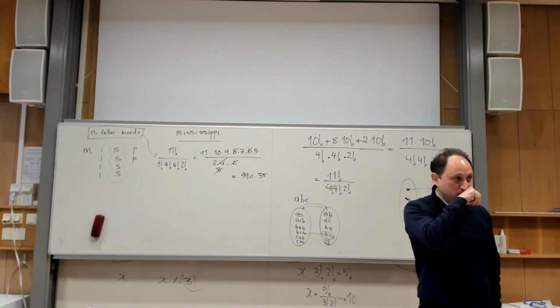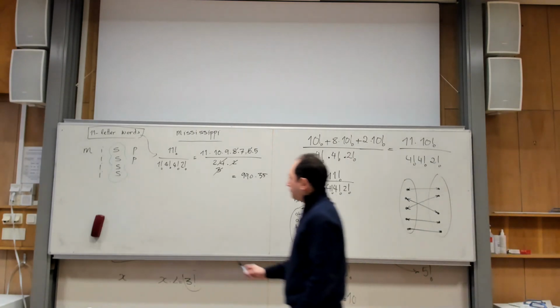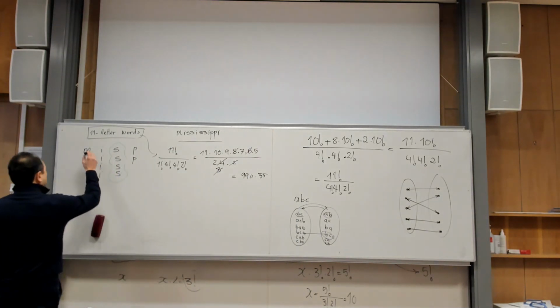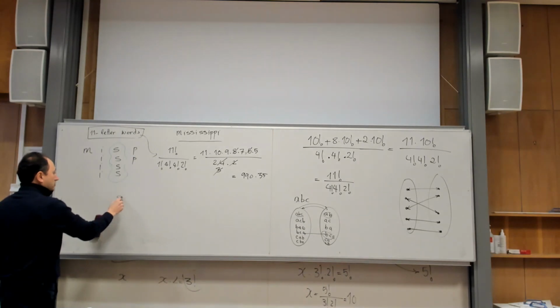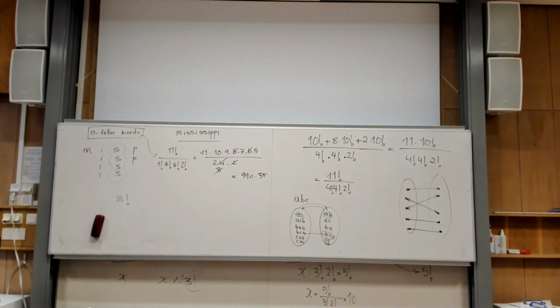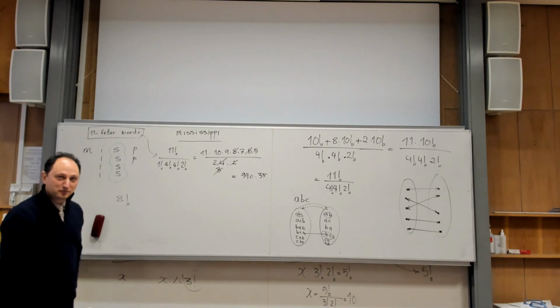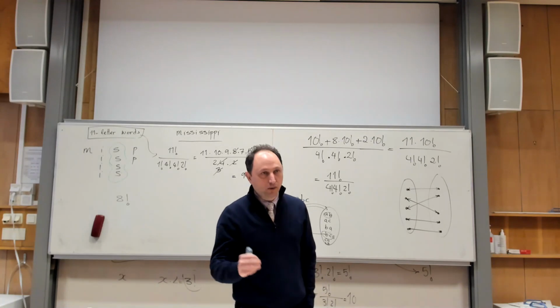Anyone else? Yes? So I don't know, let me see. 1, 2, 3, 4, 5, 6, 7. So you said 8 factorial. Yes? Yeah. 50% correct, 50% wrong. Pardon? 7 letters and 1 box. Yes, that is 8 objects.